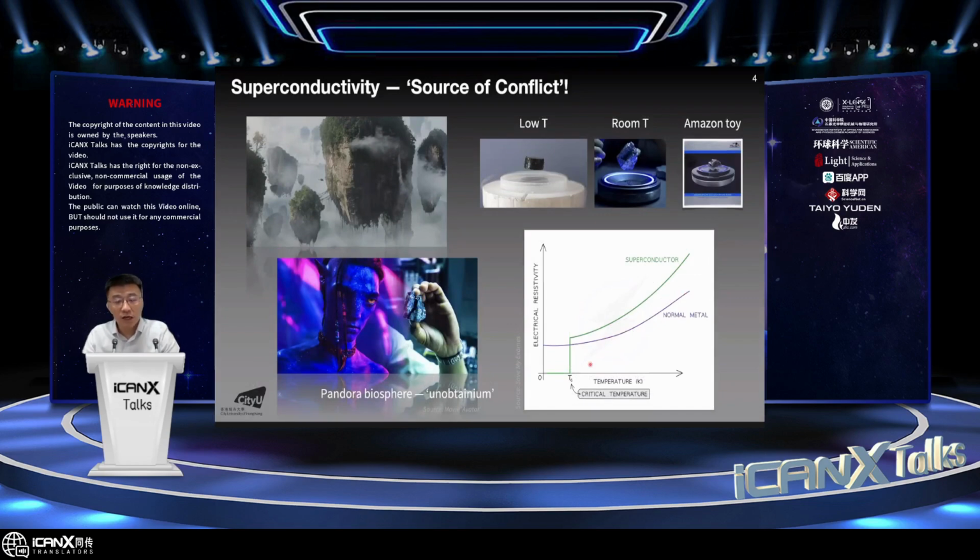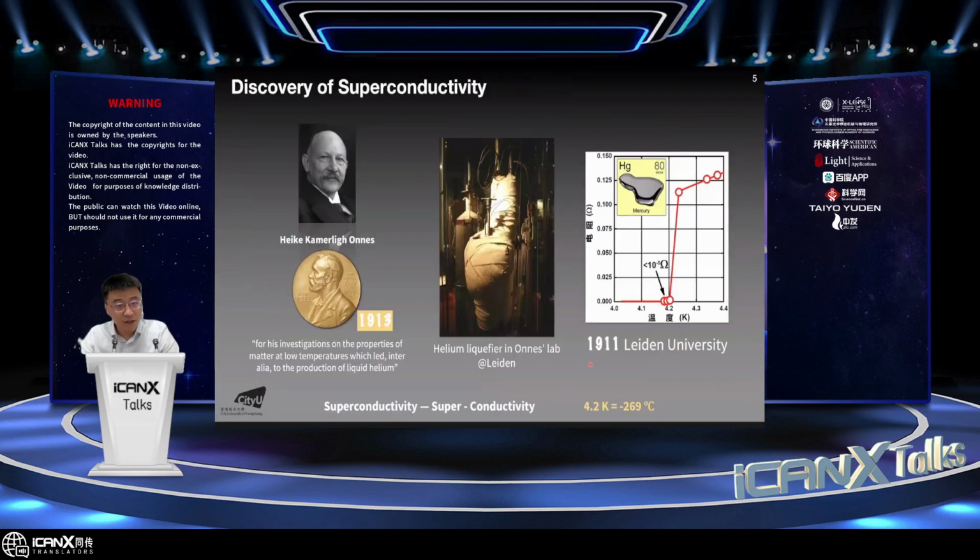Okay, so I guess a lot of people in this audience know the discovery of superconductivity. This was discovered in 1911, more than 100 years ago, by a Dutch physicist, Kamerlingh Onnes, who was a pioneer in liquefying different gases, including helium, and precisely because of the liquefaction of helium, he was able to see phenomena, including superconductivity, way below normal temperatures.